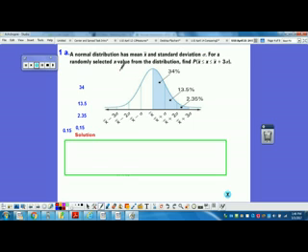For a randomly selected value of x from the distribution, find the probability that a piece of data is between the mean and 3 standard deviations above the mean. So the mean plus 3 standard deviations.